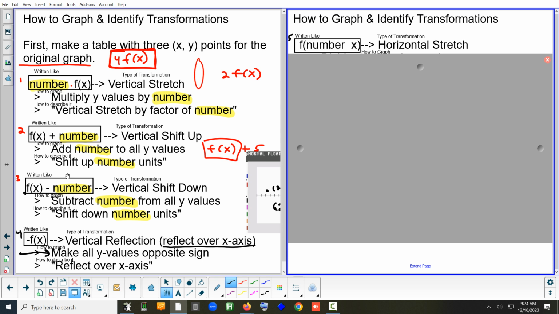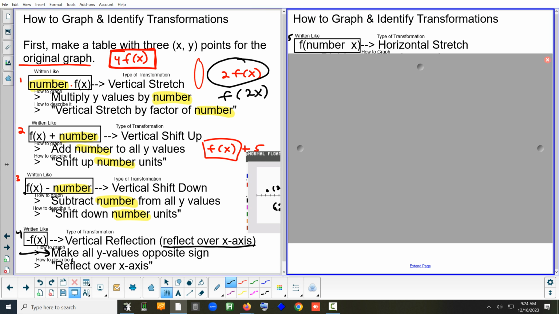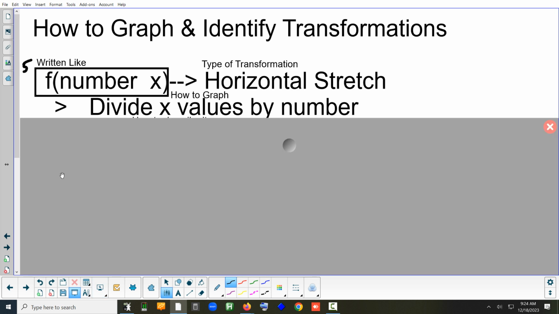So it's the difference between doing something like this and doing something like this. Big difference. The 2 is out in front or the 2 is inside. If the number is inside, that's called a horizontal stretch. That's how you describe it.